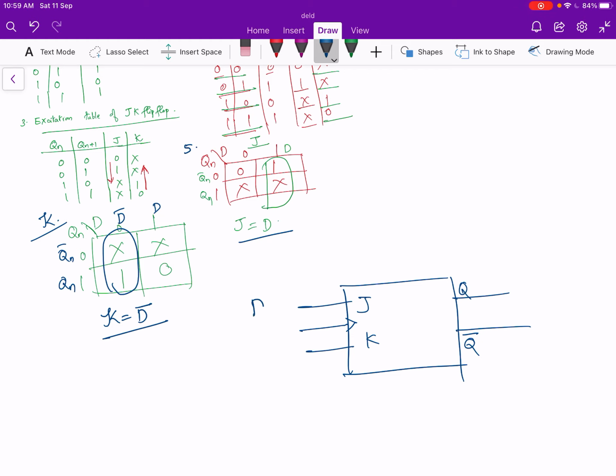So we can give the D input directly to J, and it can be inverted and given to K, so that K becomes equal to D bar. So this is the required flip-flop, or the D flip-flop using the JK flip-flop. So D flip-flop is obtained from JK flip-flop by giving the data input directly to J and inverting and giving it to K, and this is the clock pulse and the outputs are Q and Q bar.